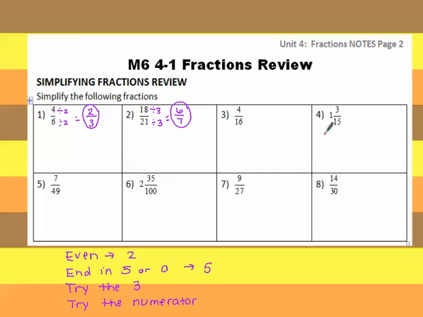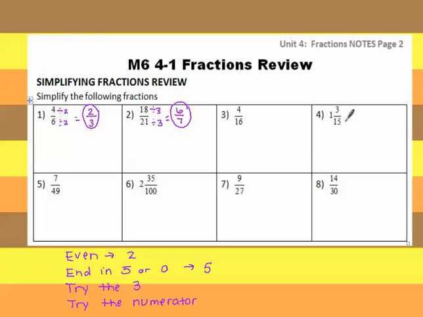Let's skip ahead and let's do number 4 together. Number 4 has a whole number in front, so we need to make sure that we don't lose that, but we need to still ask ourselves, can we simplify the fraction? So we're going to use the same rules. Are they even? No. Do they end in 5 or 0? Both numbers don't, only the 15 does, so no. Try 3. So does 3 divide by 3?